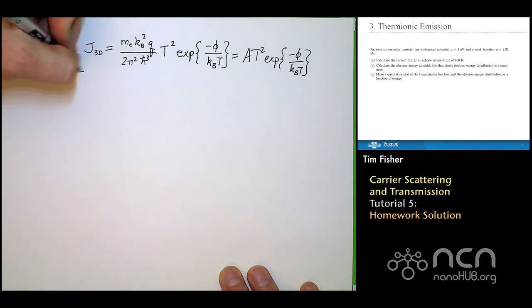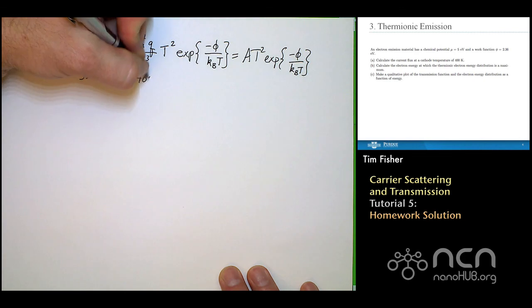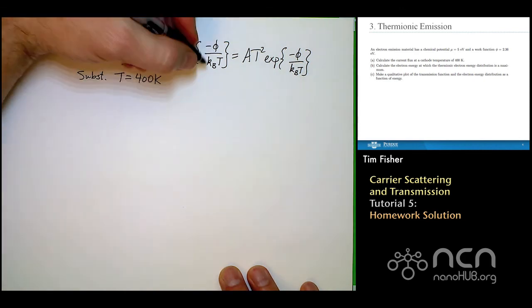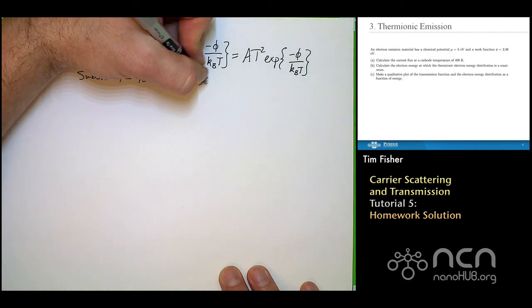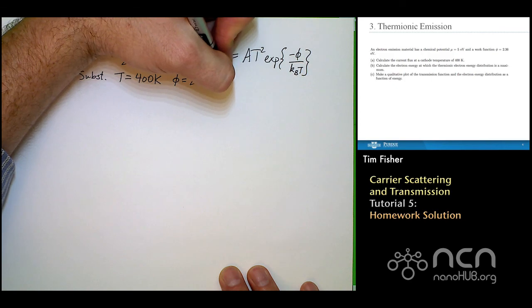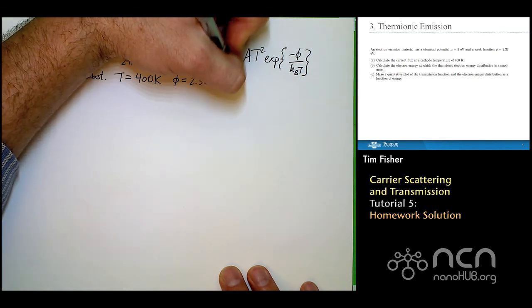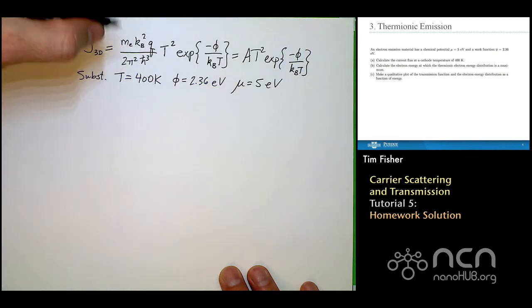And so we substitute. We have a temperature of 400 Kelvin. We have a work function of 2.36 electron volts, and we know that, and here mu, which we'll use a little bit later, is 5 electron volts.